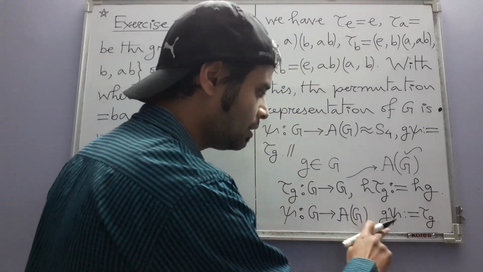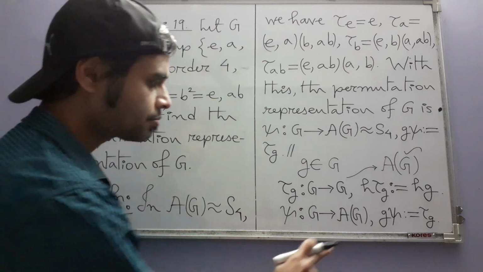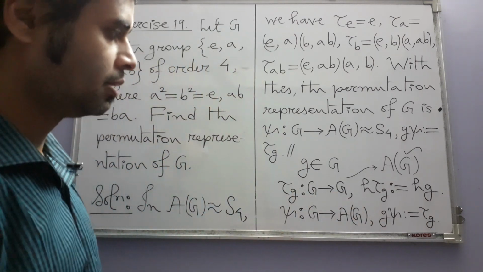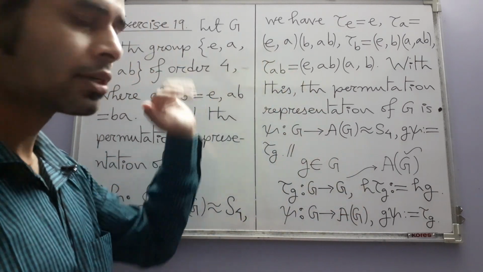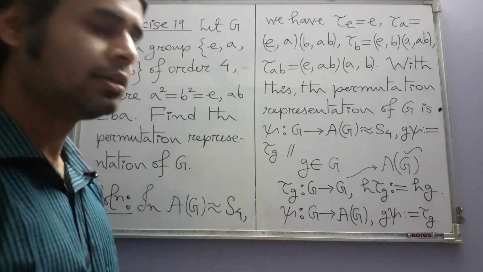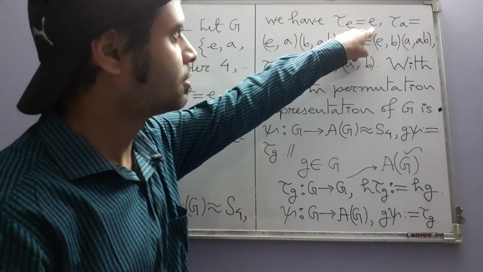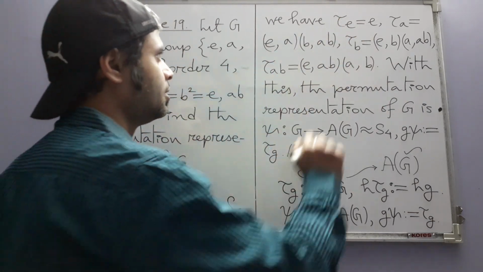It will keep g itself, because ge is g. So tau e does not change any group element. That is true in general for any group. It is true for this particular group also. In other words, tau e is the identity permutation. That is why we write tau e is equal to e.